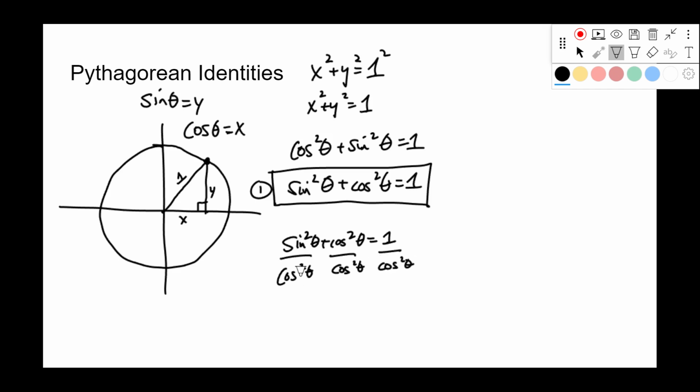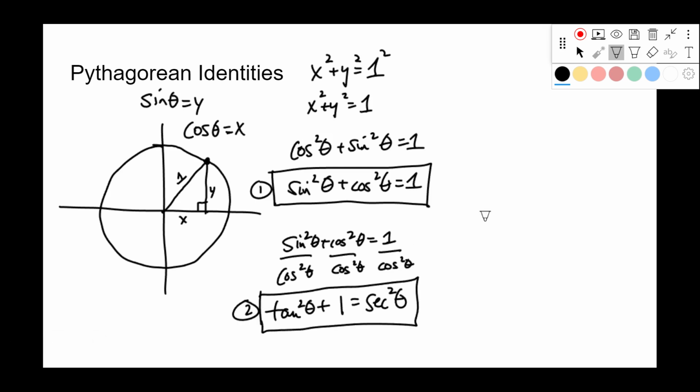So sine squared over cosine squared, sine over cosine is tangent, so that's going to be tangent squared. Cosine squared over cosine squared is 1. 1 over cosine, that's secant, so that's going to be secant squared theta. That is Pythagorean identity number 2.